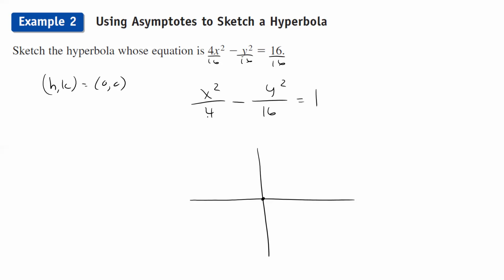So I think what's happening here is this is my A squared. Right, that's my B squared. So A technically is equal to 2. That's when I need my A values. B is equal to 4. Okay, so let's keep that in mind. So I'm going to go out 1, 2, and put a little dot there. I'm going to go out 1, 2, put a dot over here. So that's going to be my vertices, right?